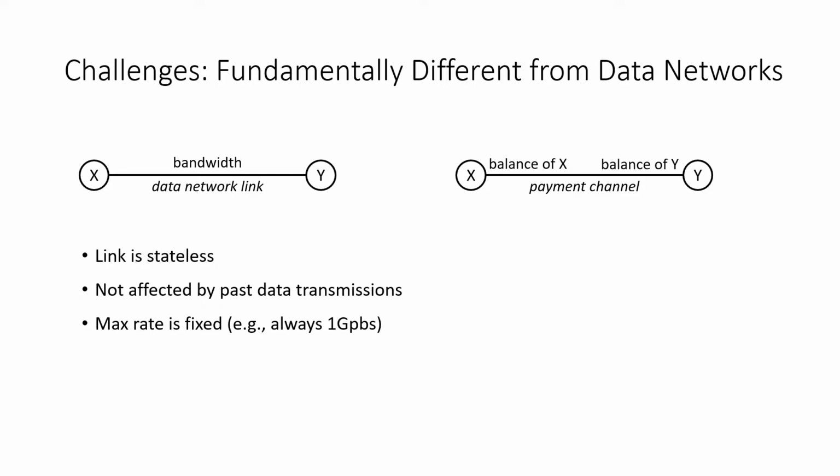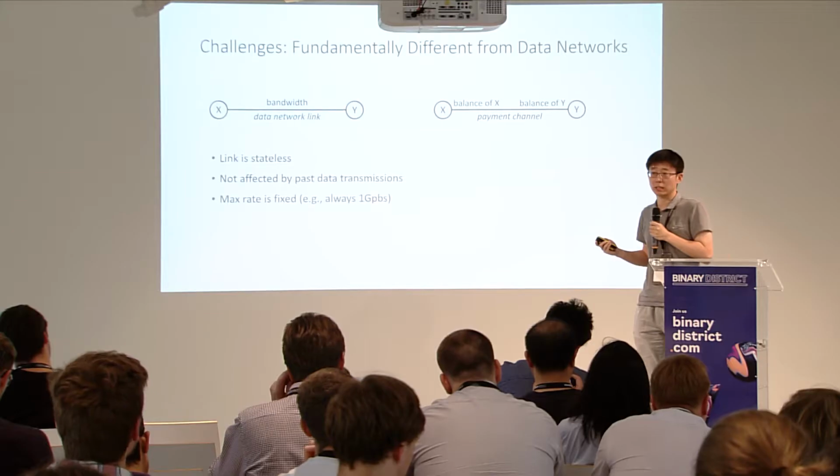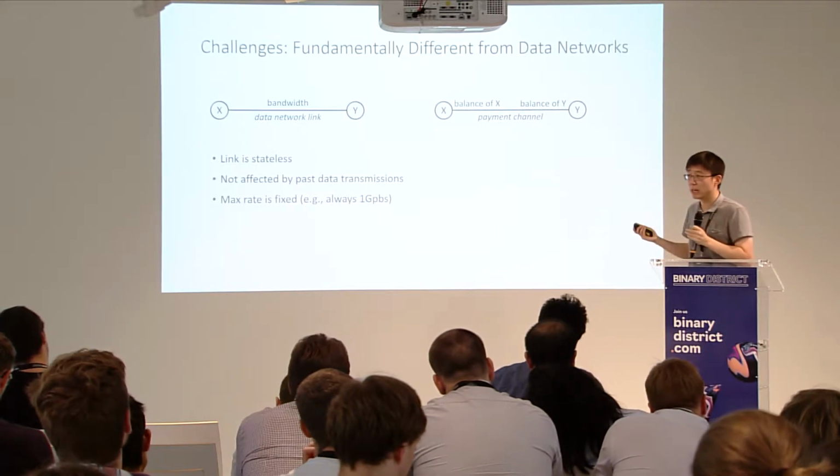It means that its max rate is always fixed. For example, if these two nodes have a 1 gig link, it can transfer 1 gig of data per second, always, no matter what you did in the past. And it can never transmit 2 gig of data per second. So it results in a stable network.